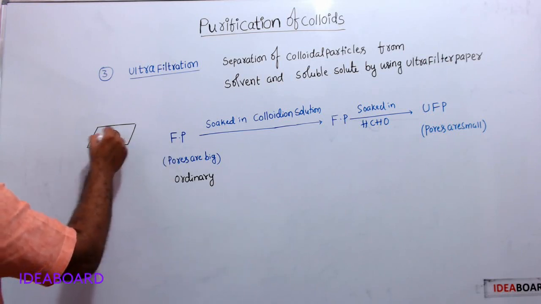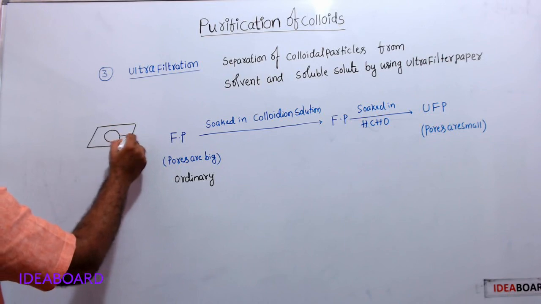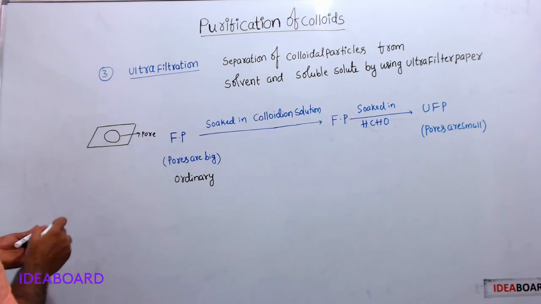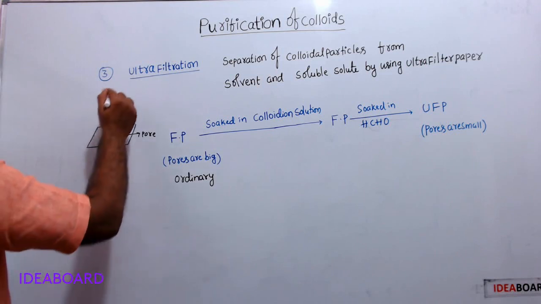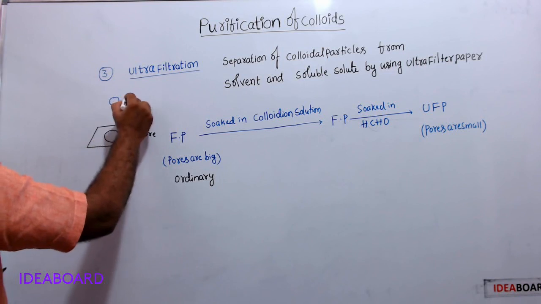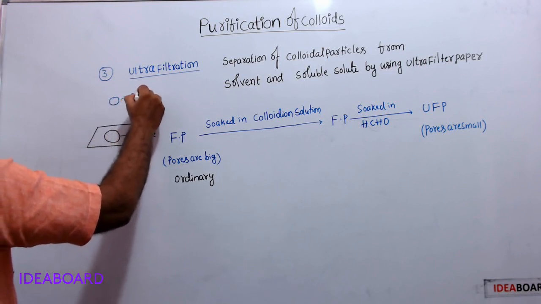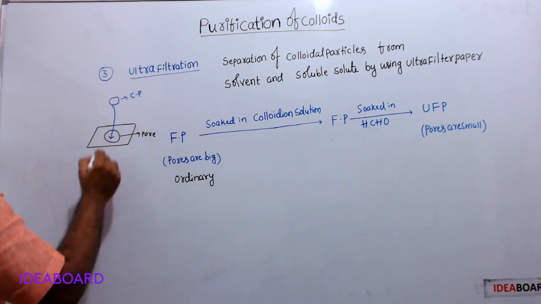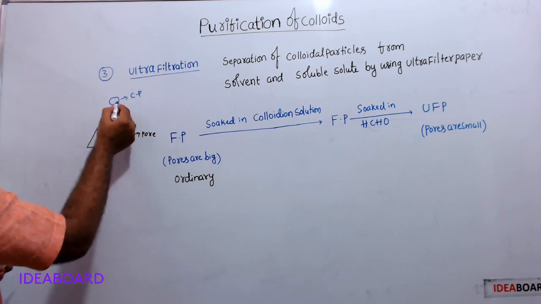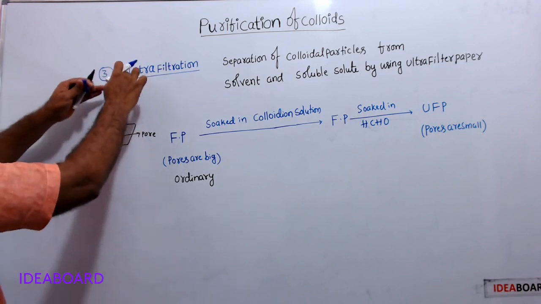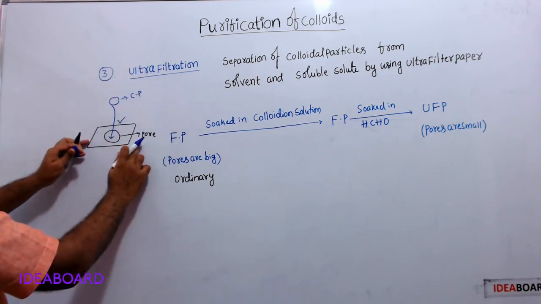This is the pores in the ordinary filter paper. See here, this is a colloidal particle. When this colloidal solution is passed through ordinary filter paper, these colloidal particles pass through these big pores.